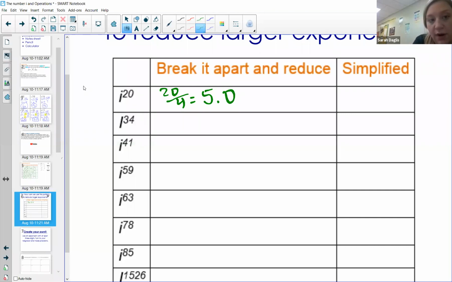So 0 over 4 is the same thing. Do we agree? So my new exponent for this is actually i to the power of 0. And anything to the power of 0 is just going to be equal to 1 every time.